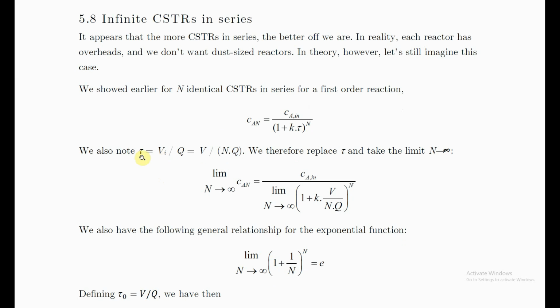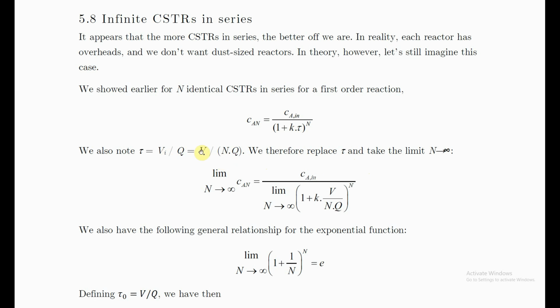Now, the space-time in each of those reactors is the volume in each one divided by the volumetric flow rate. And the volume in each one is going to be the total volume divided by the number of tanks, right? So V over N is V_i. So that's tau. And now if you replace that in here, so here you've got k tau.